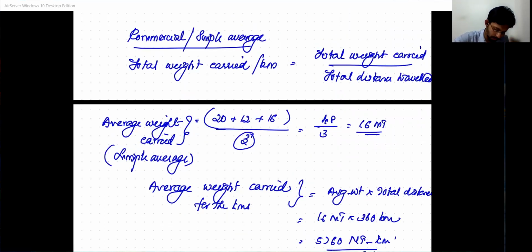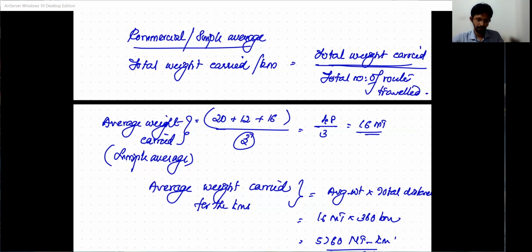See, here the denominator is not total weight. That is the formula for computing the weighted average. So for simple average, it will be total weight carried divided by total number of routes traveled. Okay.